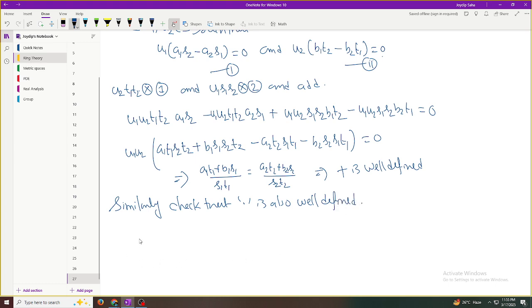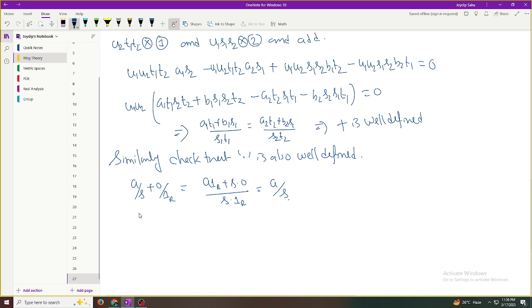Now a by s plus 0 by 1 equals a by s, and a by s times 1 r by 1 r equals a by s.